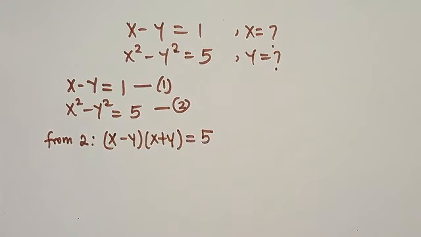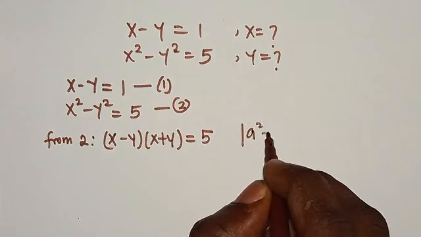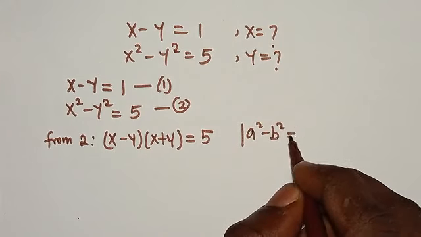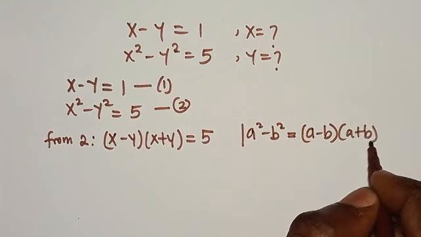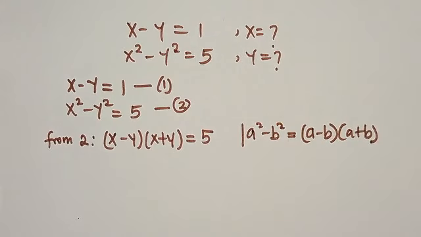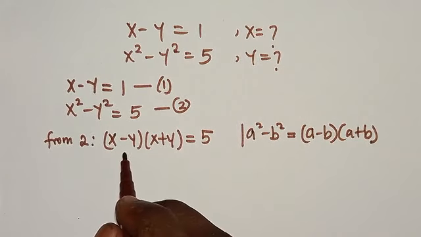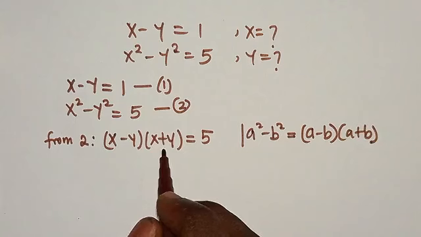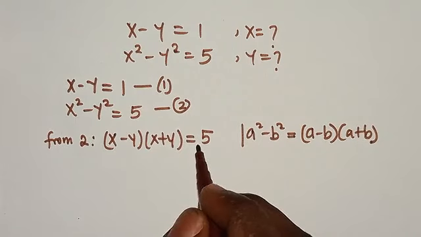That is the difference of two squares, that says we have a squared minus b squared. This will give you a minus b, then a plus b, right? So now we use the idea here. Therefore, we have x minus y, x plus y equals 5. So this equation 2 becomes this.